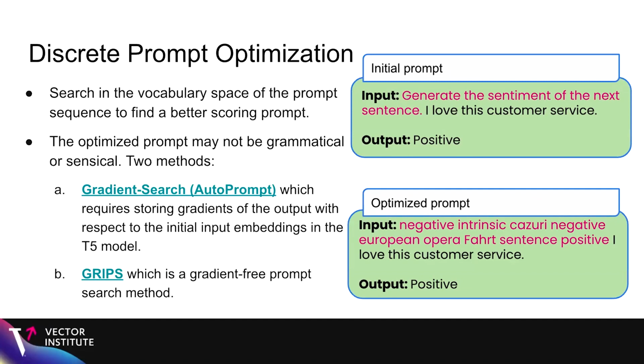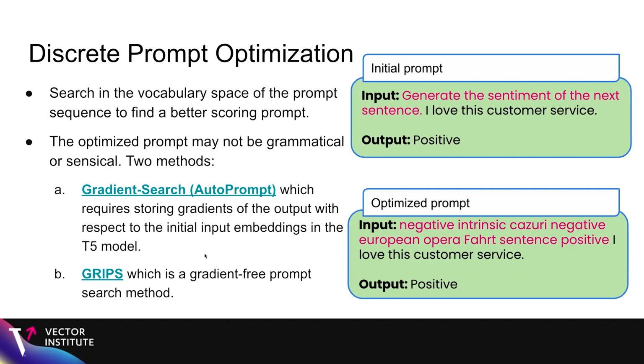The two techniques that I implemented: one was gradient search-based prompt optimization based on a technique called AutoPrompt. The second one is GRIPS, or gradient-free edit-based instruction search method.